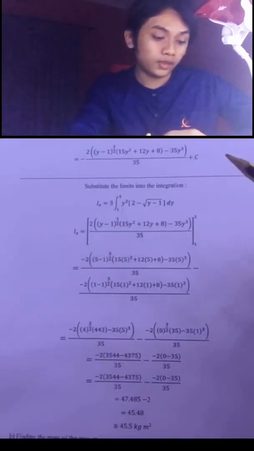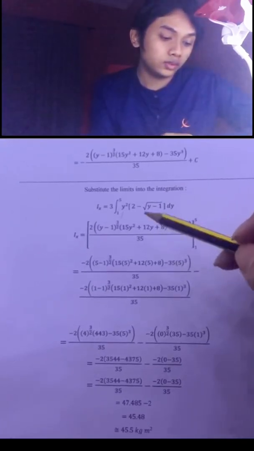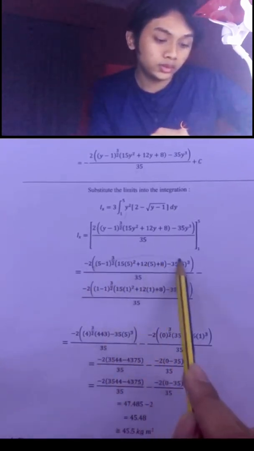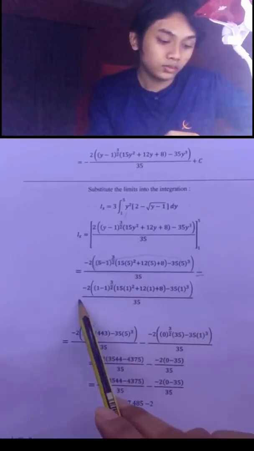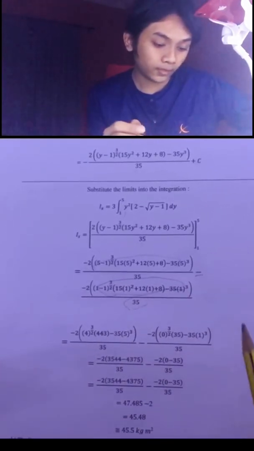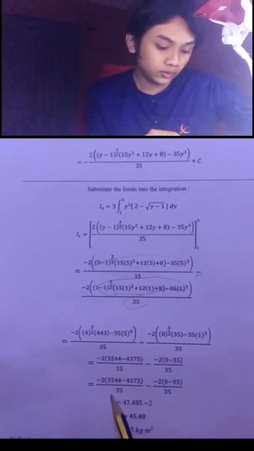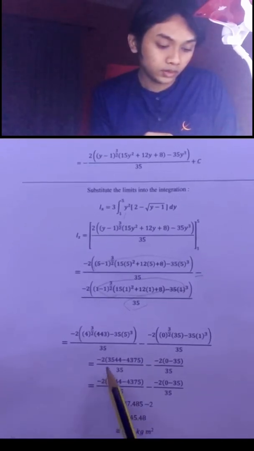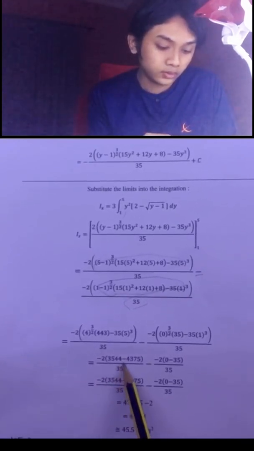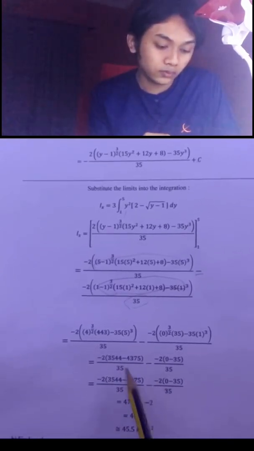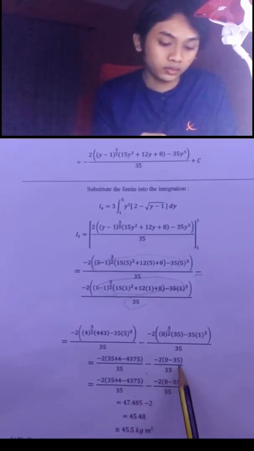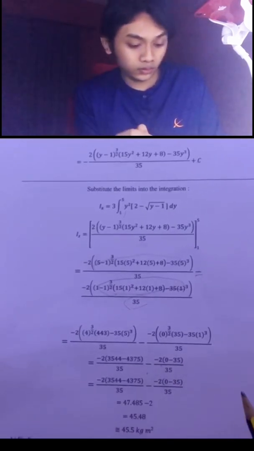So we substitute it one by one, and the first one we get is negative 2 multiplied by this one over 35, minus 2 multiplied by this one over 35 also, and we solve it and we get the value, which is negative 2 multiplied by 3544 minus 4375 over 35 minus negative 2 multiplied by 0 minus 35 over 35, and we solve it again.